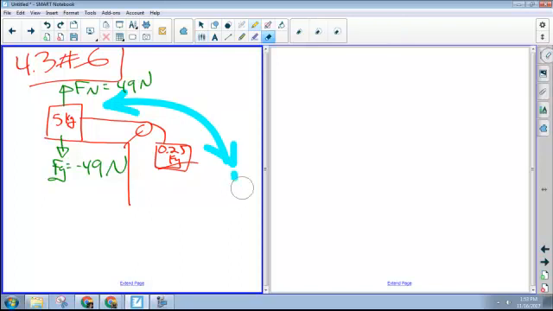I didn't even think about these negatives because gravity's pulling it down, but there's a normal force holding it up. I know they're going to cancel and they're not affecting the motion. They don't contribute to the motion at all, so which way is positive and which is negative is irrelevant here.